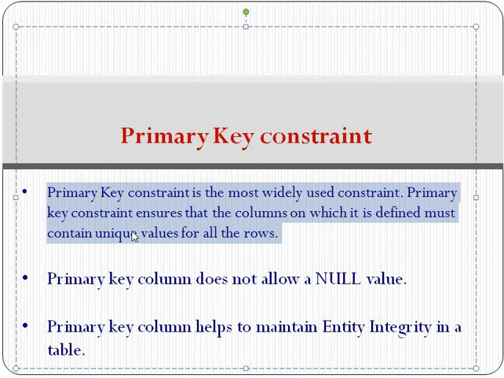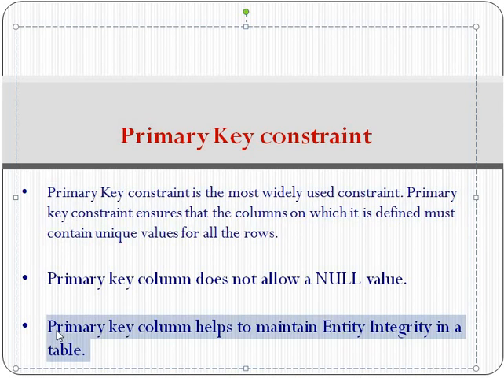So the primary key column shall contain only unique values. It must not contain duplicate values. Now by eliminating the duplicate values for a column by imposing the primary key constraint, it helps to maintain entity integrity in a table.